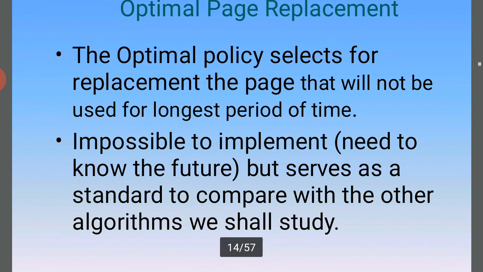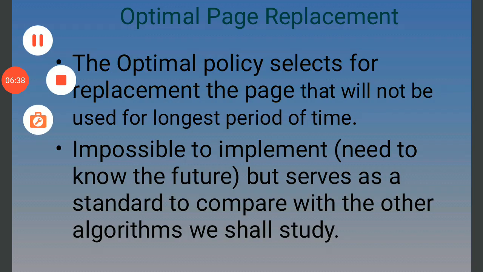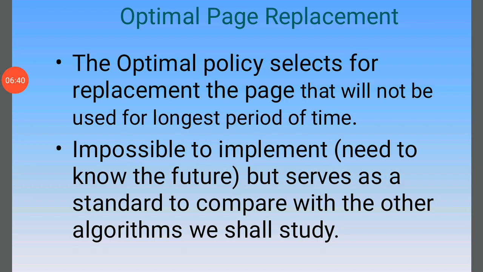Optimal page replacement. This is another different type of replacement, optimal page replacement. The optimal policy selects for replacement the page that will not be used for the longest period of time.